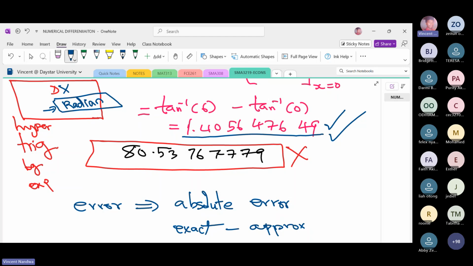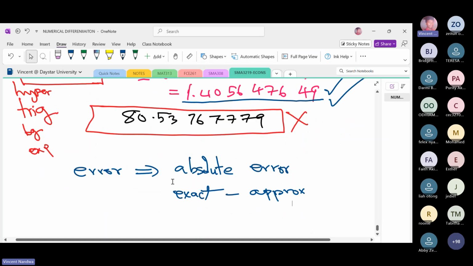With that error, you can also calculate the relative error, by taking the error over the actual value. Once you have the relative error, you can compute the percentage error, and then you'll be at home. The method which gives a smaller error in magnitude is the better method to apply.